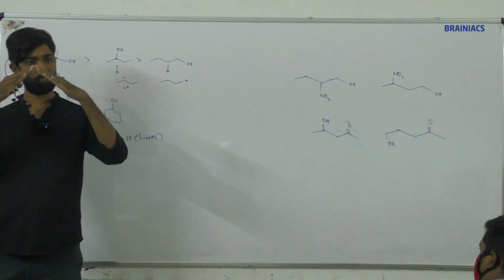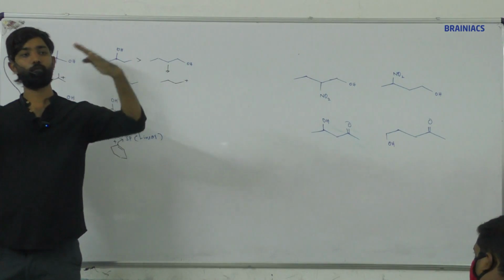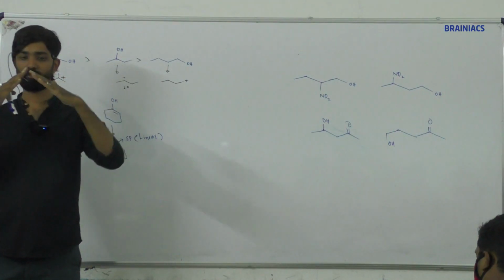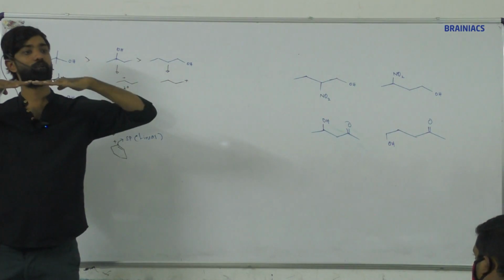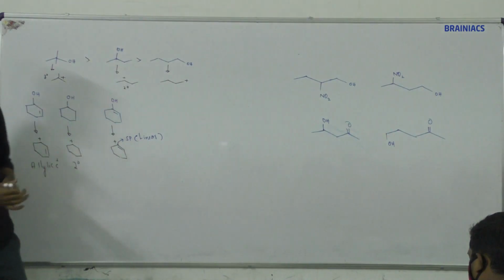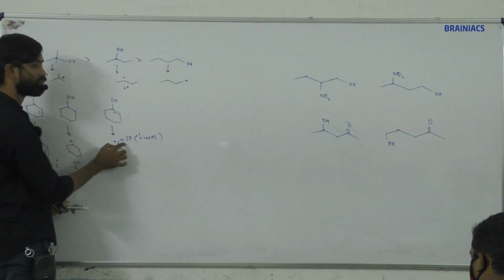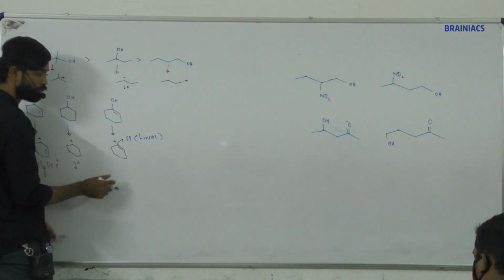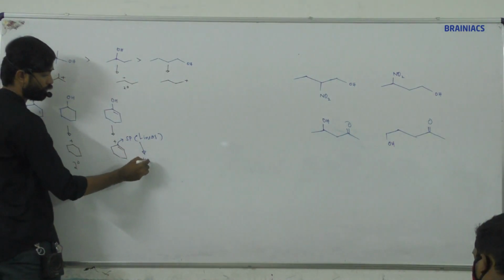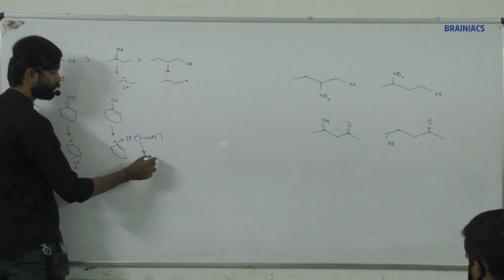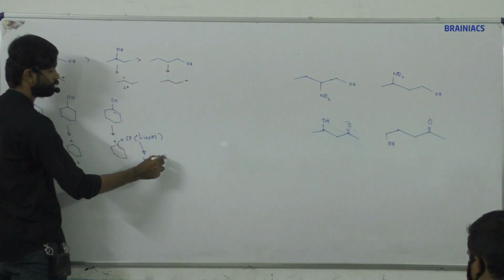In a ring, the carbon will be either planar or something like this, never linear. Any carbon in a ring can't exist as linear, so this is highly unstable.